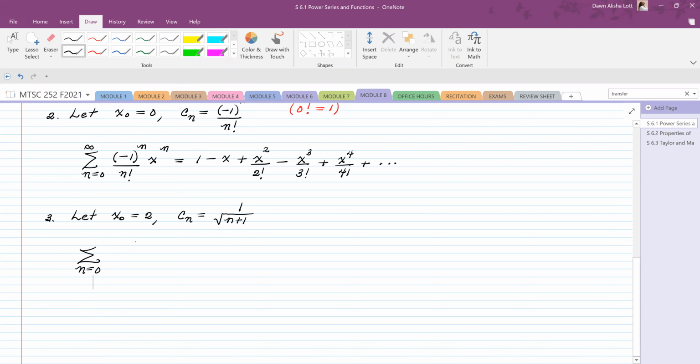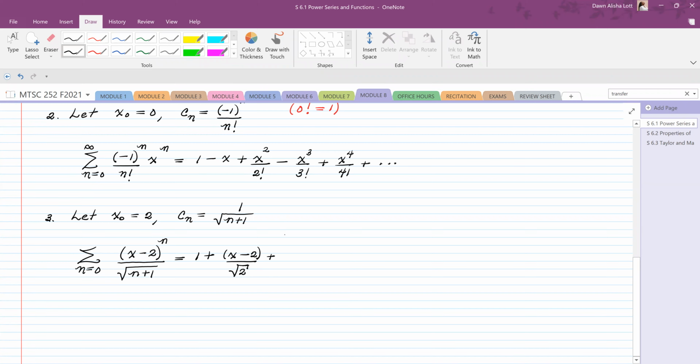So now I'm going to get (x minus 2) to the nth power over the square root of n plus 1. When n is equal to 0, I'm just going to get 1. When n is equal to 1, I'm going to get (x minus 2) over the square root of 2.